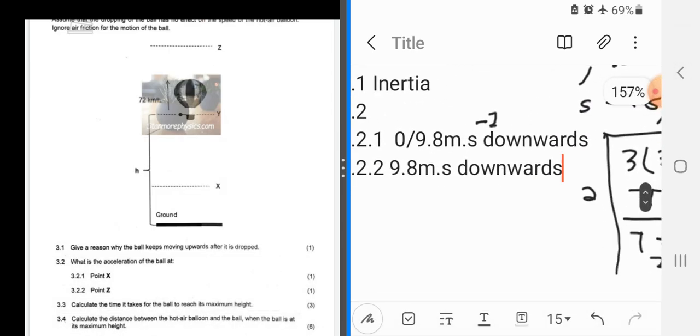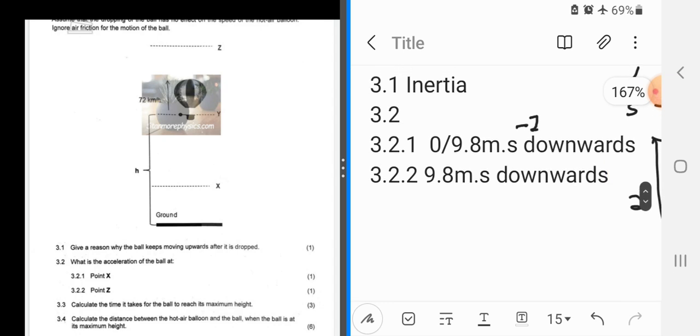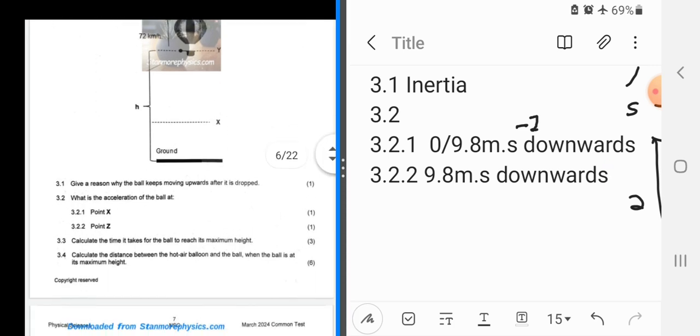Okay, so that is the answer there. It's just held by gravity. When you take it up, there is gravity acting on it the whole time.